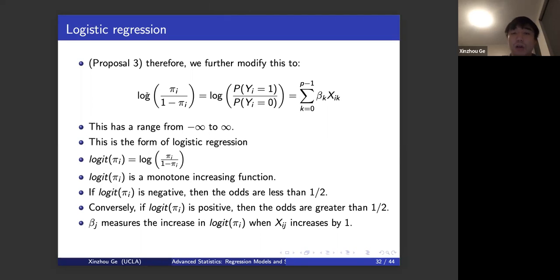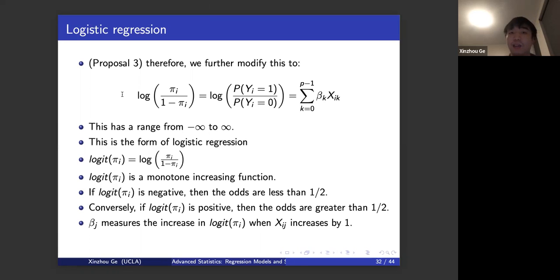Here we take the log of this ratio. If pi i is equal to 0, then it will be log 0, which is negative infinity. And if pi i equals 1, then this part will be infinity, and the log of it is also infinity.